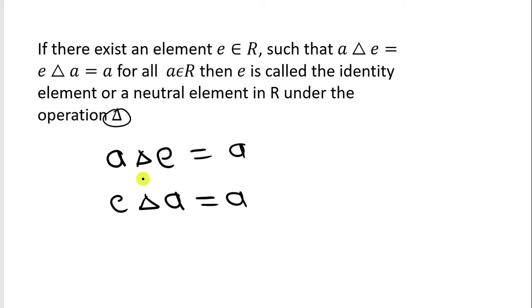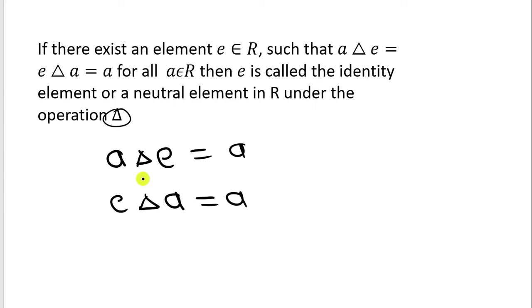Now, one basic condition I should note about the identity element is that the operation there is supposed to be commutative. That is one basic condition about the operation that you want to use to find your identity element.